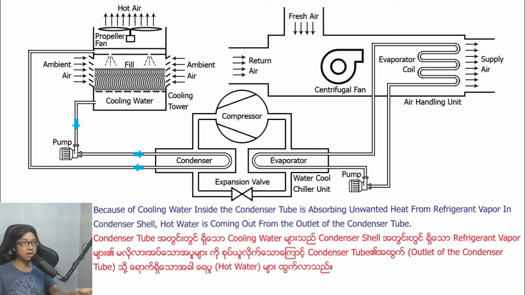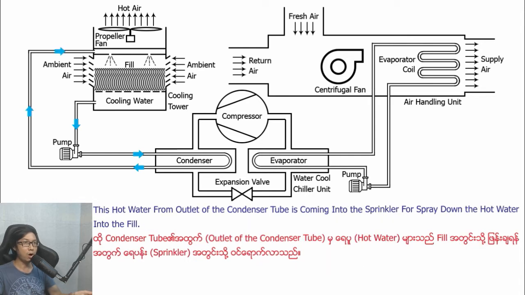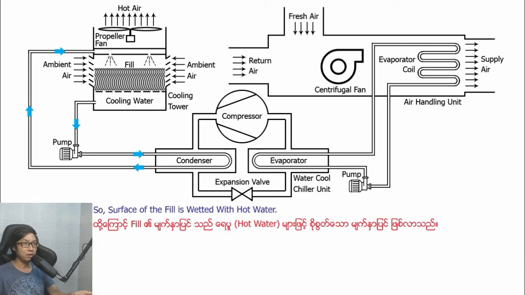Because the cooling water inside the condenser tube absorbs heat from the refrigerant vapor in the condenser shell, hot water comes out from the outlet of the condenser tube. This hot water from the outlet of the condenser tube comes into the sprinkler, which sprays the hot water down onto the fill. So, the surface of the fill is wet with hot water.